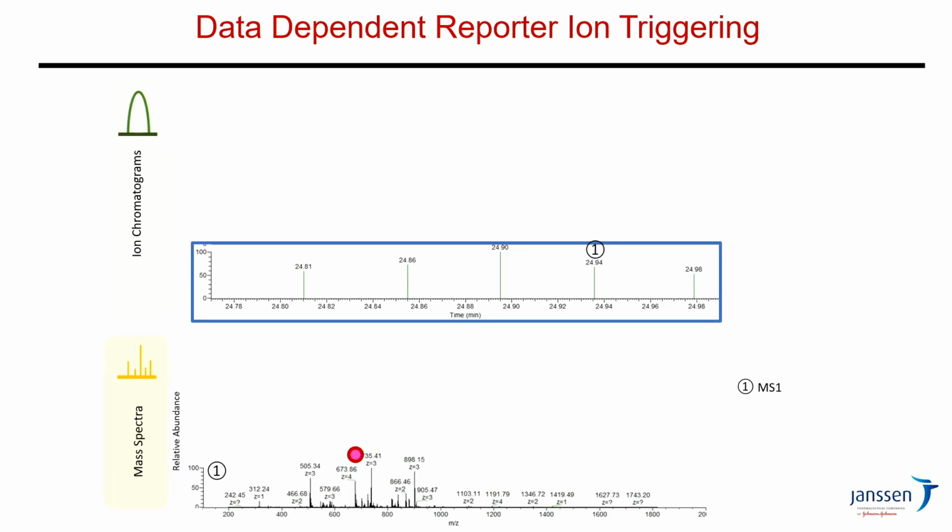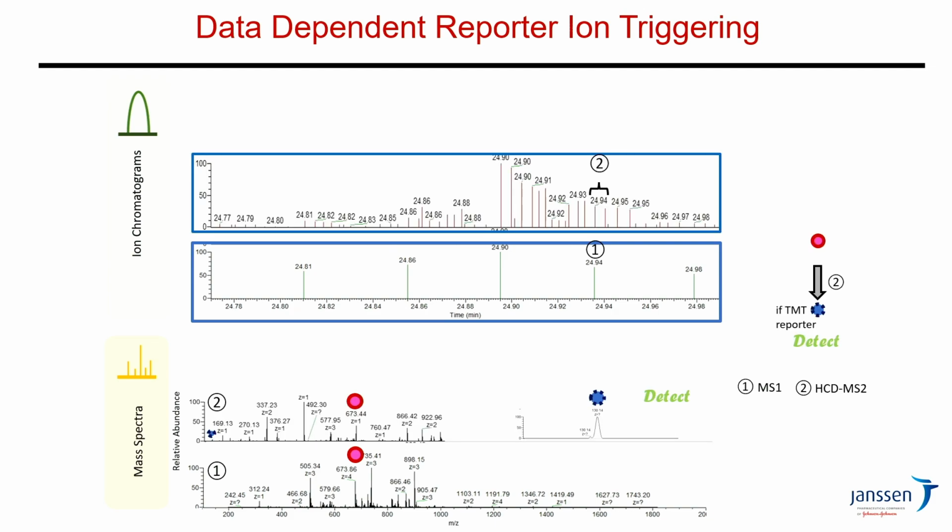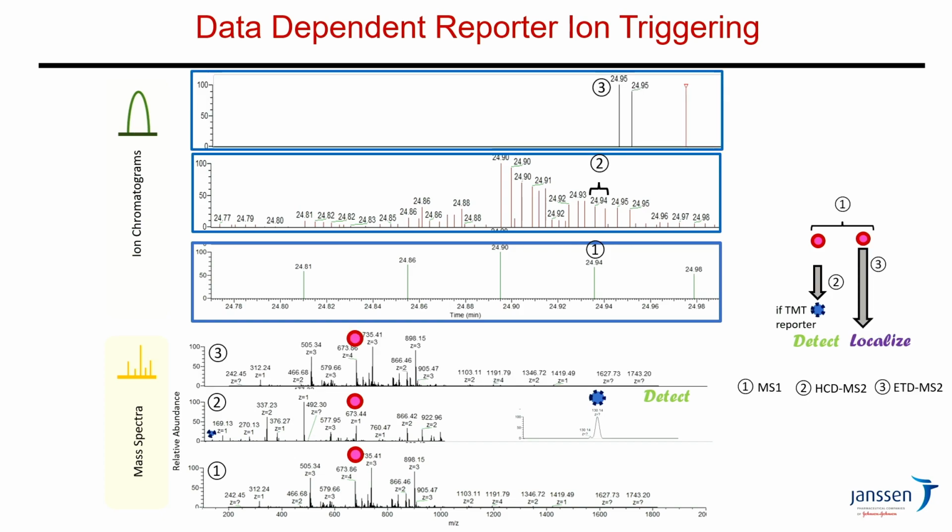And then I'll finally describe the third element of this workflow, which is detection. We are doing report ion triggering on the barcodes. In this case, it's a single barcode for a single sample. In the first scan, it's a full MS1 scan. In the second scan, we are doing collision-induced or high-energy collision-induced dissociation to generate the reporter. And only upon seeing the reporter, it triggers the electron transfer dissociation spectrum.